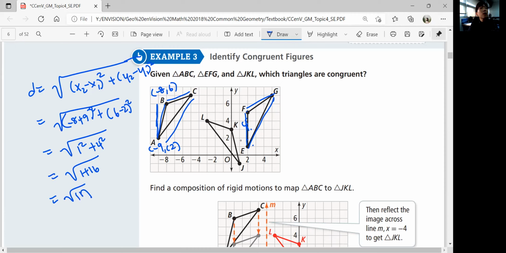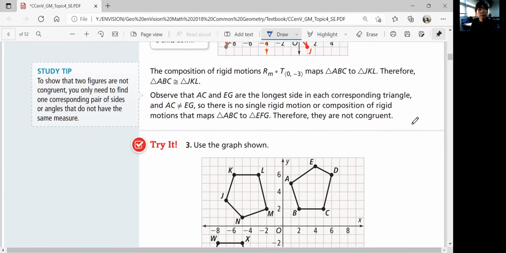Is that 4? Square root of 17 is not 4. It does not preserve length. So these two triangles are not congruent. Okay, so in order to figure out congruency, you also have to look at their side measures and the angles. If they're not congruent, there is no rigid motion that maps to the figure.